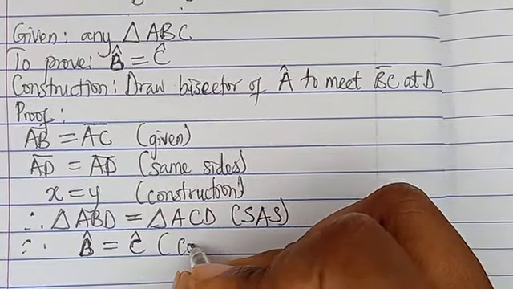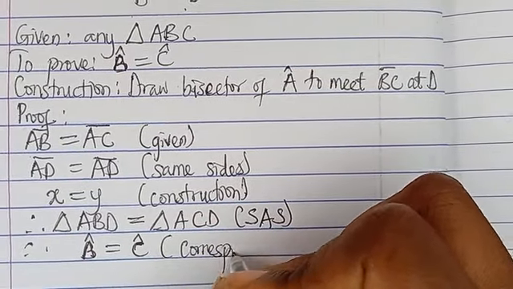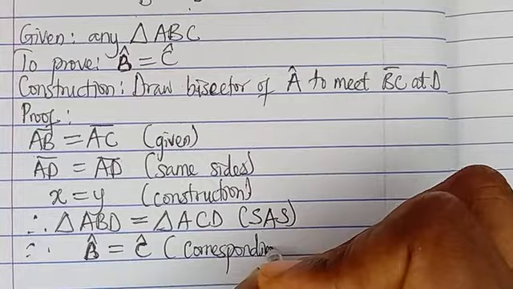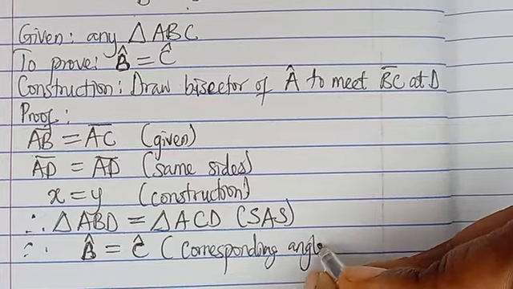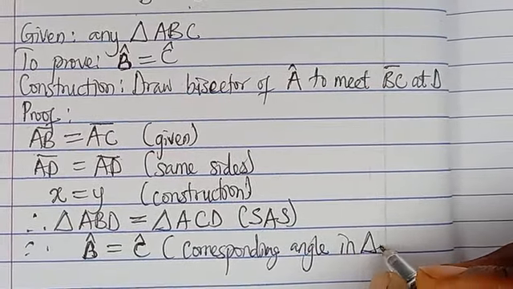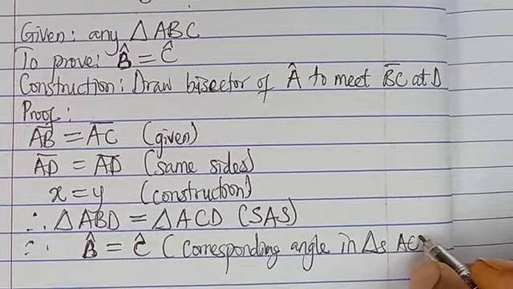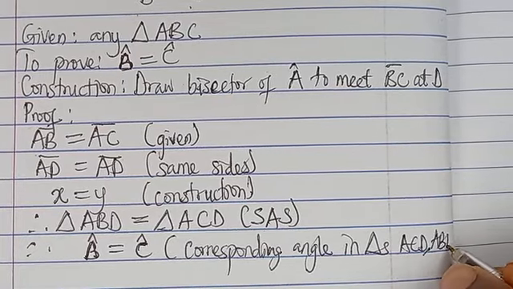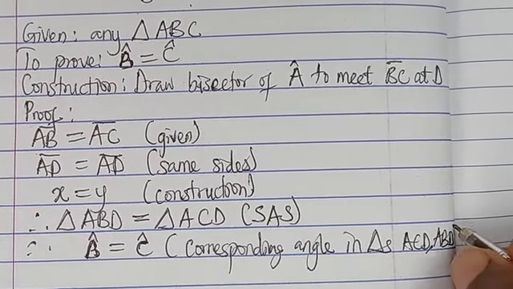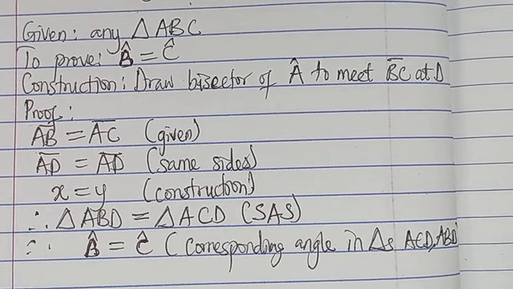So our reason is that they are corresponding angles in triangles ACD and ABD. So we've proved that. That's the end of the proof.